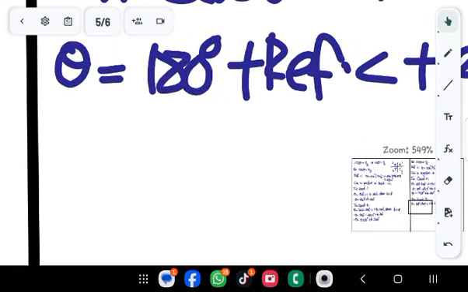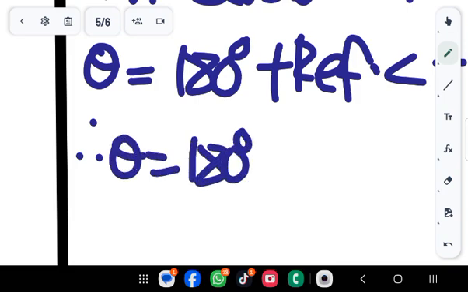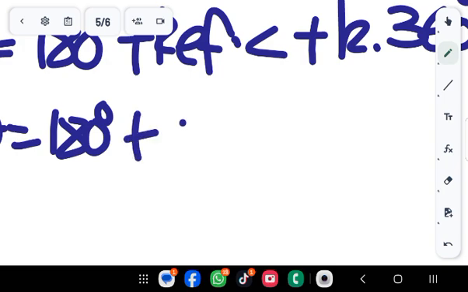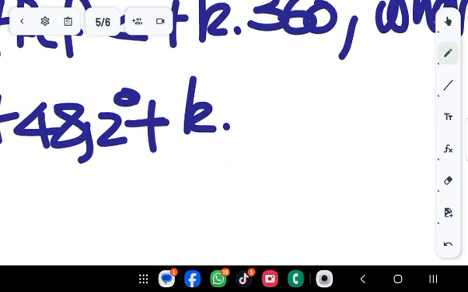Therefore, theta equals 180 degrees plus 48.2 plus k times 360 degrees.